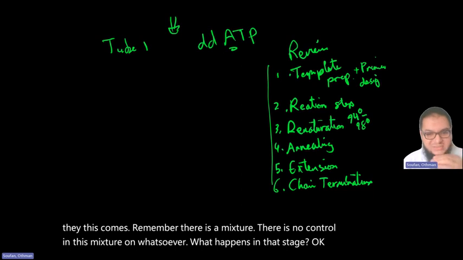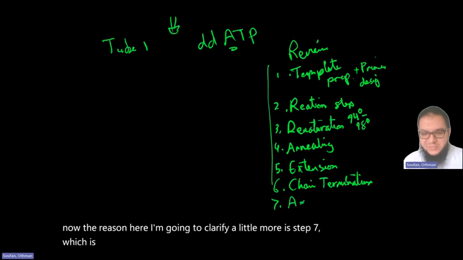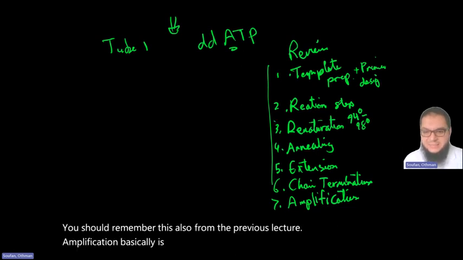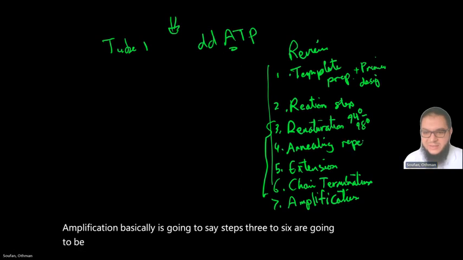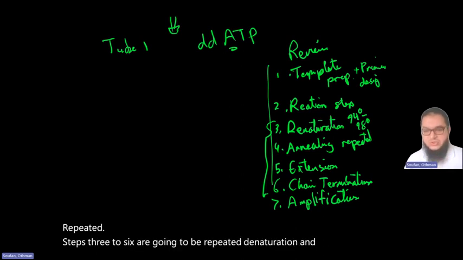Now, the reason here, I'm going to clarify a little more, is step 7, which is a very important step, amplification. You should remember this also from the previous lecture. Amplification basically is going to say steps 3 to 6 are going to be repeated, denaturation, annealing, and so on and so forth.